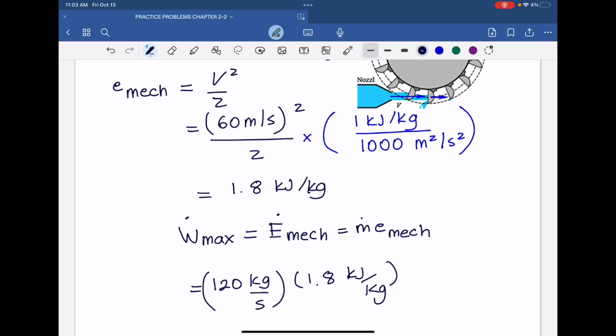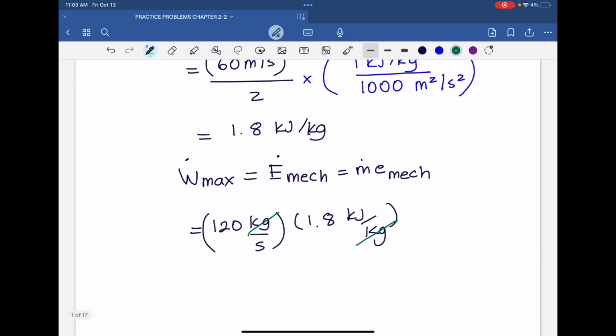And looking at the units, we have kilojoules per second, if you look at it carefully, which is the unit of power. Therefore, we don't have to do anything else here, not using any unity conversion ratios. Directly it should give me kilowatts because kilojoule per second is equal to kilowatts. So the answer is going to be 216 kilowatts.